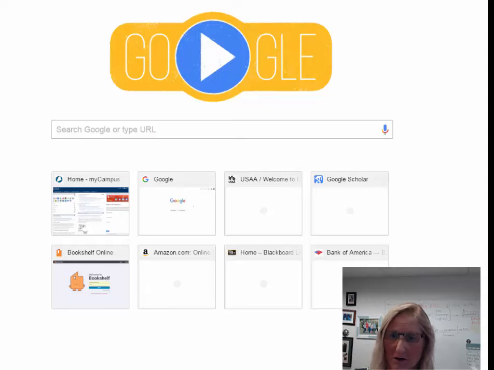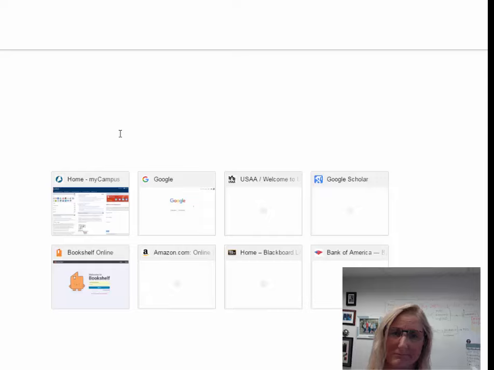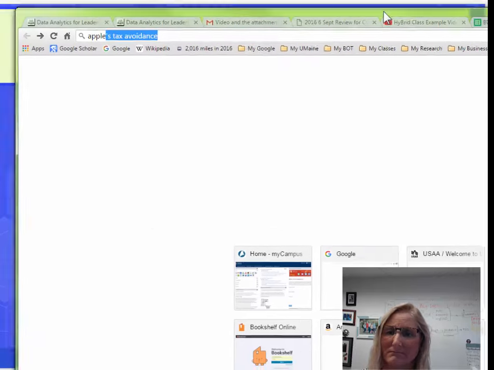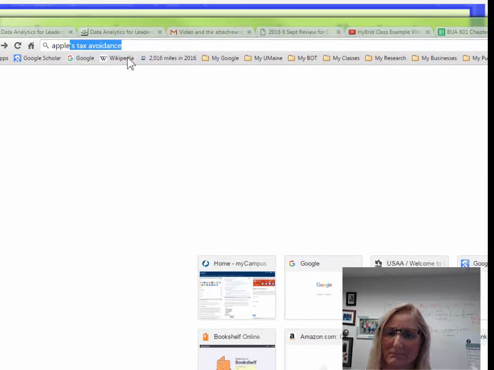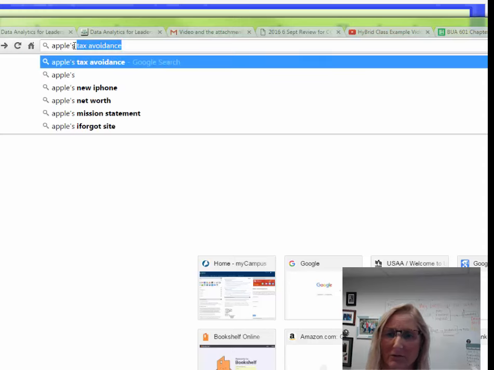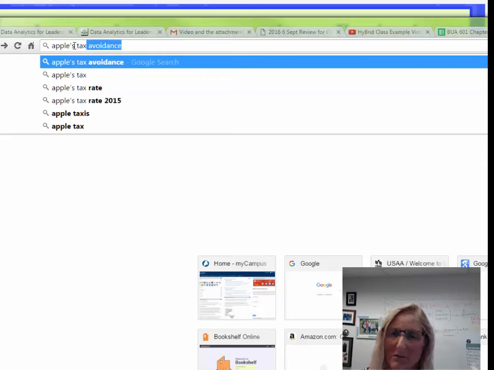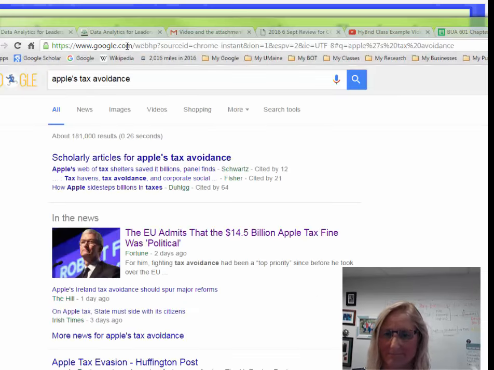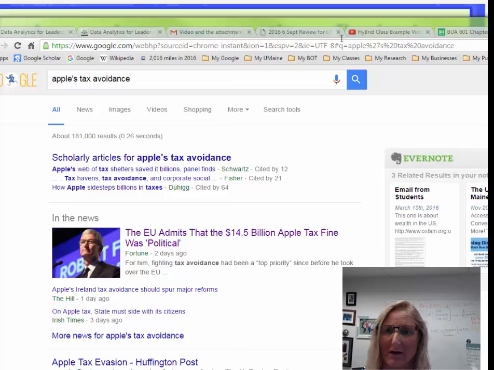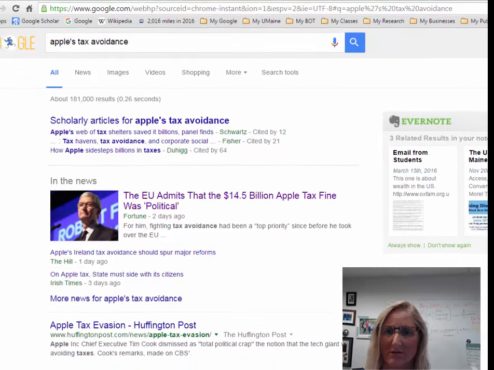So I go into the Google search bar and I type in Apple's tax, and when I get the word tax done, this word avoidance comes up. So, okay, that sounds great. So I click on it. Now, when I click on that, I get a couple of different things.